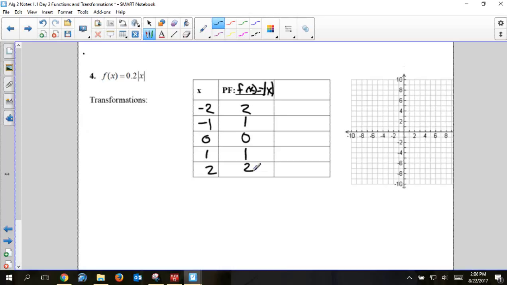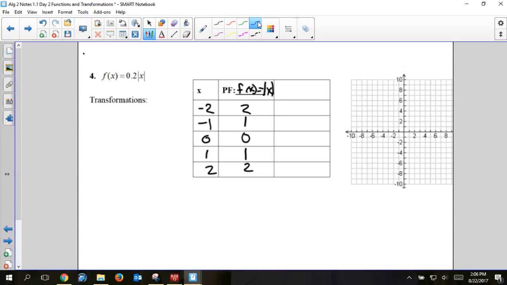We're completing our stuff. And then from there, we need to figure out what that 0.2 is doing next to that absolute value. Duncan, can you tell me what the 0.2 operation is? It is a fraction, but what is it doing when it's next to the absolute value?